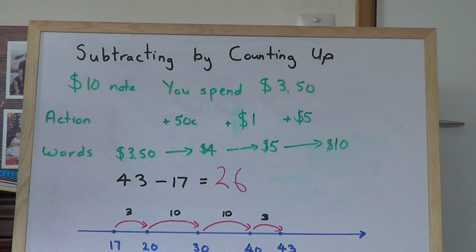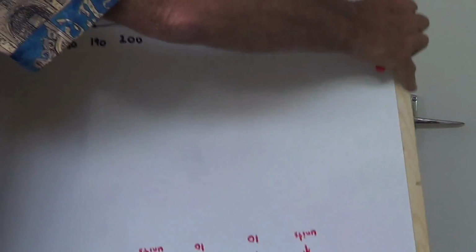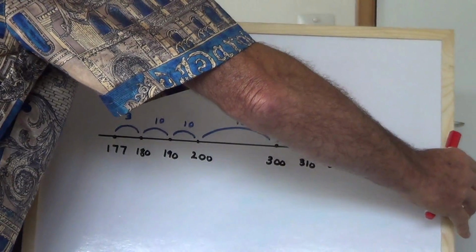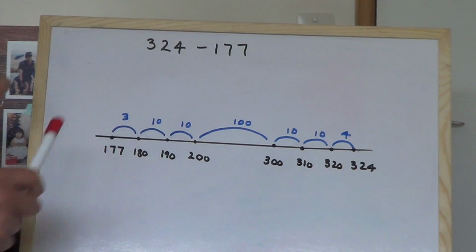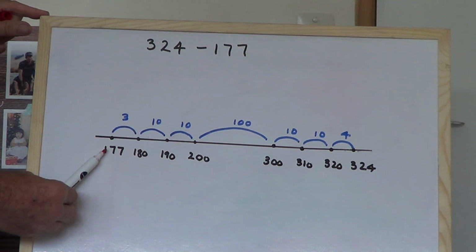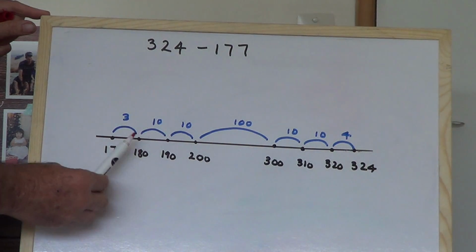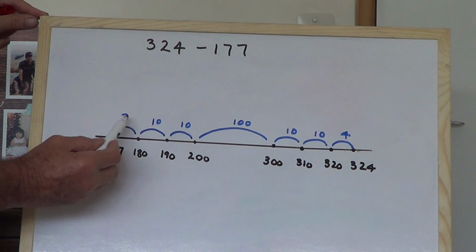That's how that's done. Now we're going to go to a bigger question. Here it is. 324 take away 177. We start with 177 and we go to 180. That's the units, all right? So we've got 3 units.